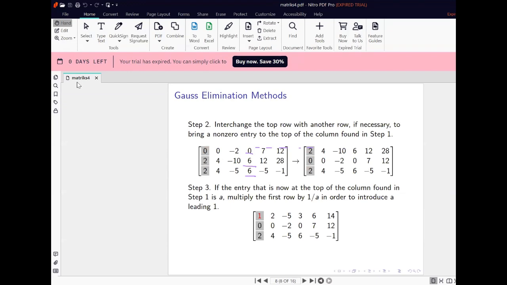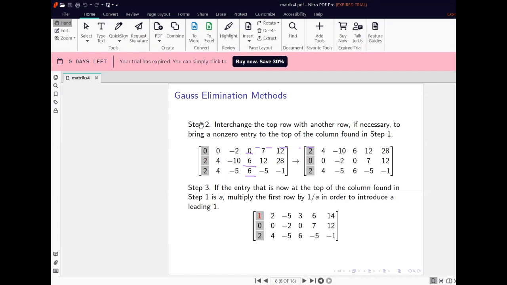The operation that we choose could be different for each student, but the main goal is the same, which is to transform the augmented matrix into the row echelon form or row reduced echelon form.